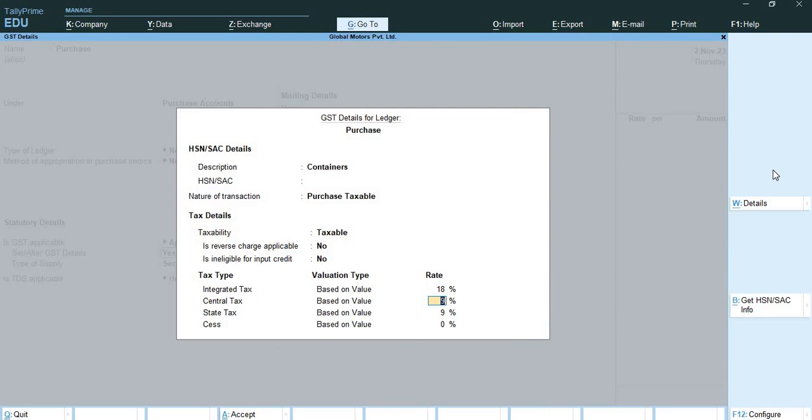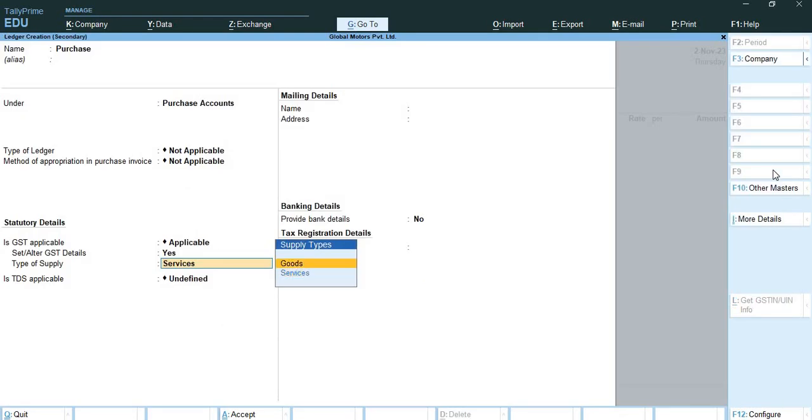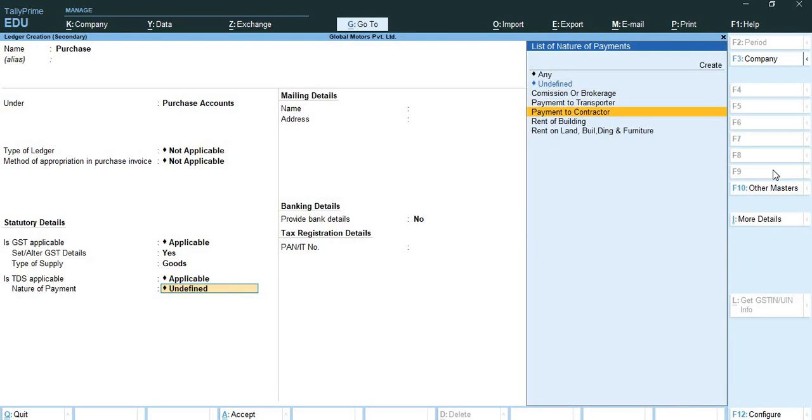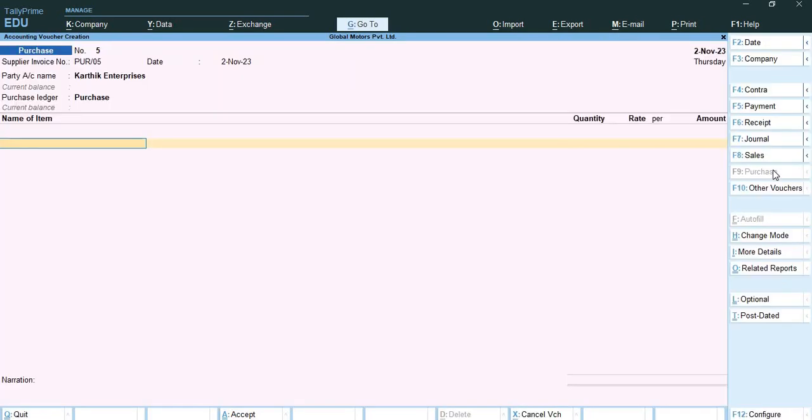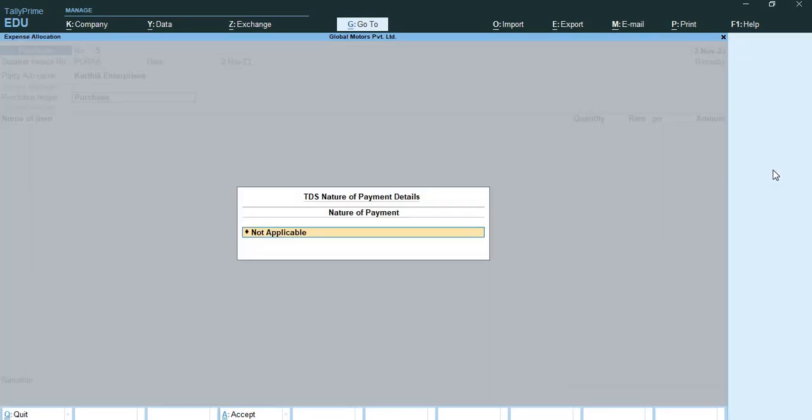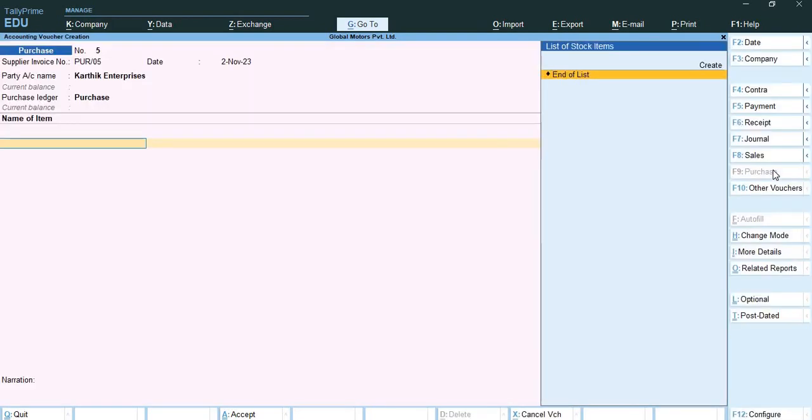How much percent is the rate? 12%. Goods. Here I'll apply the TDS and also select the nature of payment, payment to contractor.